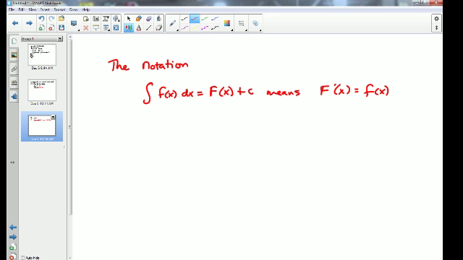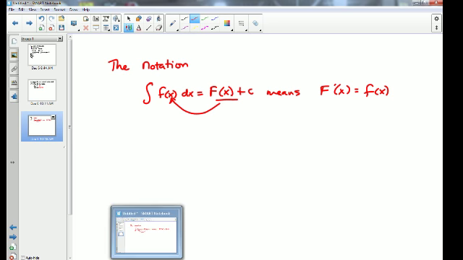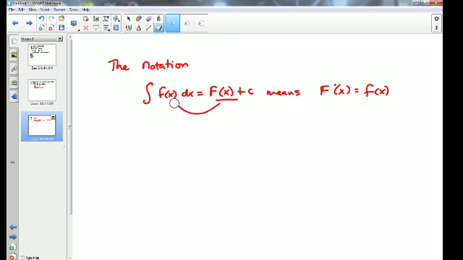So think about this. If I calculate the derivative of that, I get this right here, correct? Okay, so again, it's the same thing. You're just thinking antiderivative versus derivative. You're going the same direction.